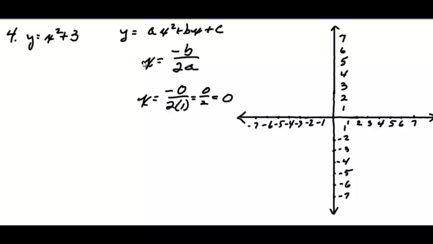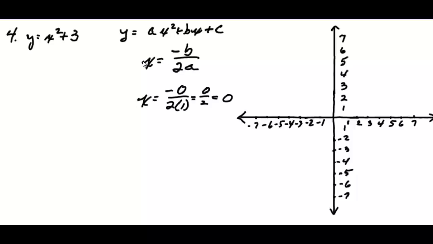Therefore, if there is no x term, our vertex is going to be right along the y-axis. But let's take a look at one where we do have a b term.